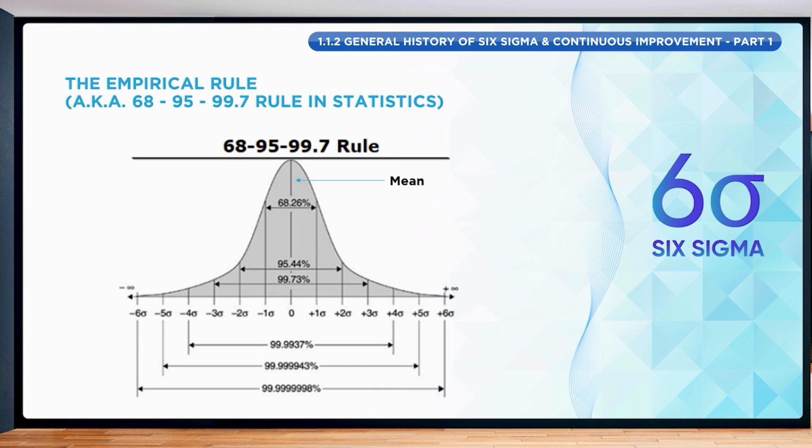Within plus/minus 2 standard deviations from the mean, we capture 95% of all possible values and plots. And within plus/minus 3 standard deviations from the mean, we capture 99.7% of all possible values under the distribution curve.